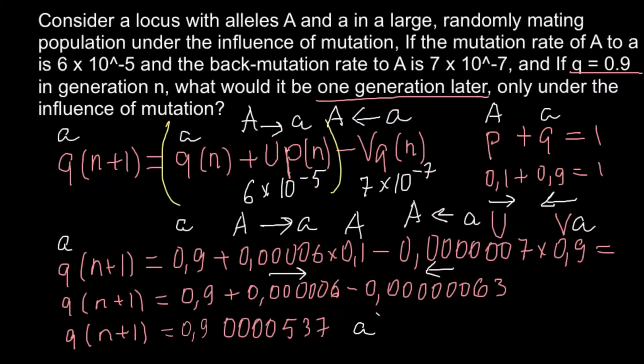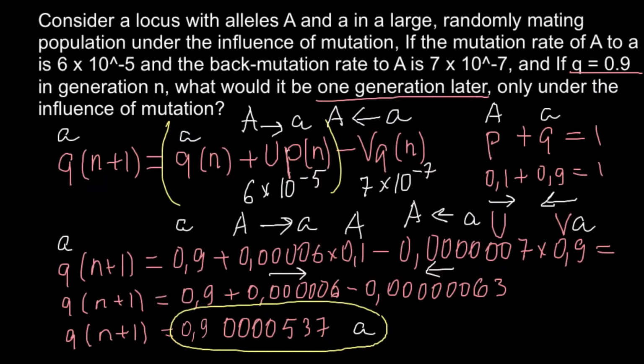And as you see, we would have in the next generation more recessive allele A than we started with, and what we started with was 0.9, and due to forward mutation of the dominant allele into the recessive allele A, in the next generation we would have more recessive alleles.